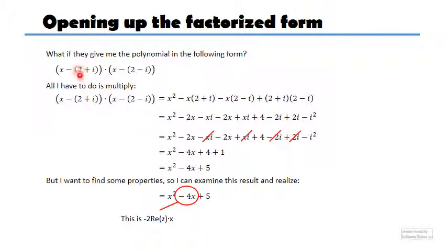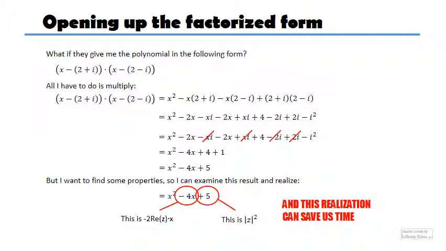Whereas this part here is always going to be the modulus of the complex number squared. The modulus of this complex number is square root of 5. You square it, you get 5. And that's going to be a rule, because these parts are always going to cancel each other out, no matter what complex number I have here.